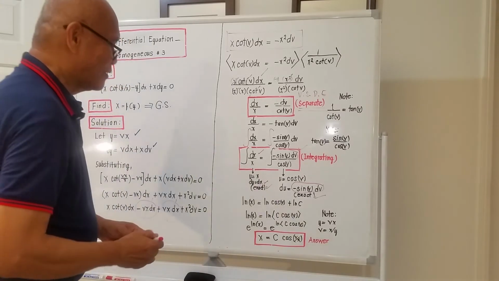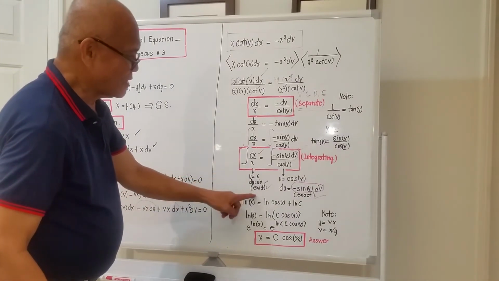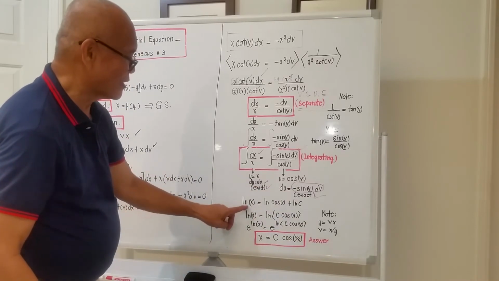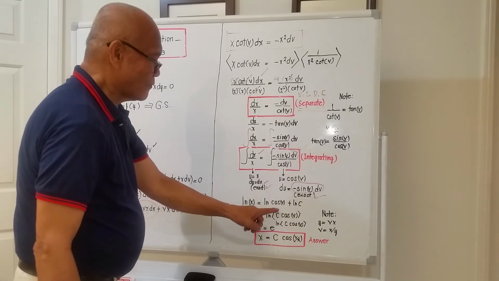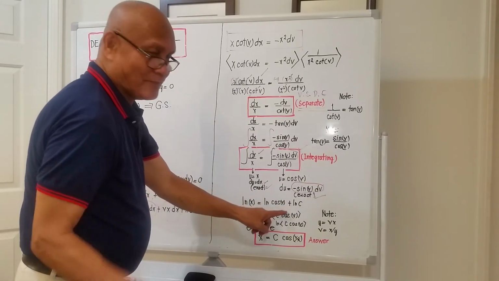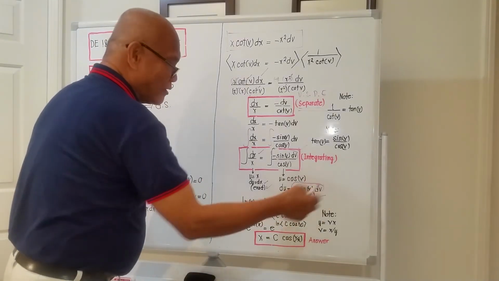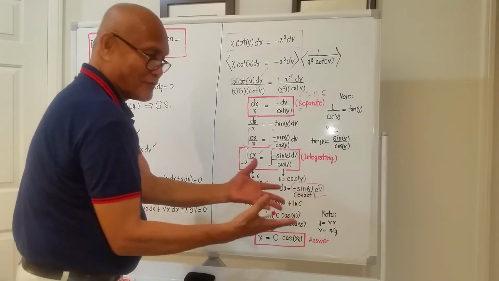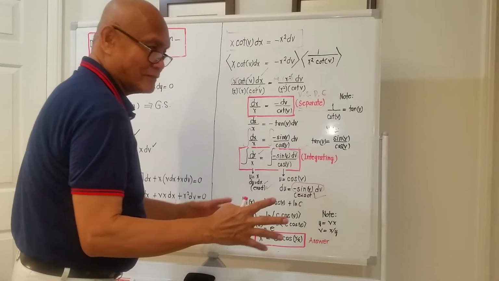So what will come out on the left hand side now will be, since the verification is exact, natural logarithm of x. Right hand side, natural logarithm of cosine of b plus a constant of integration. We will place it here, but I could replace the constant with a natural logarithm. There's no problem over there because the natural logarithm of c is still a constant.